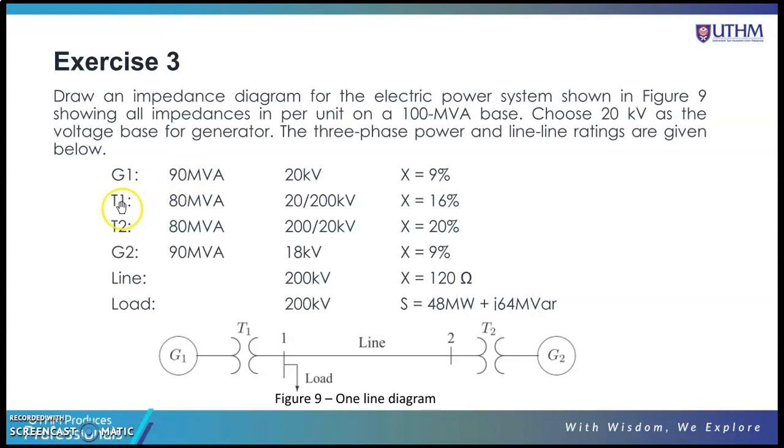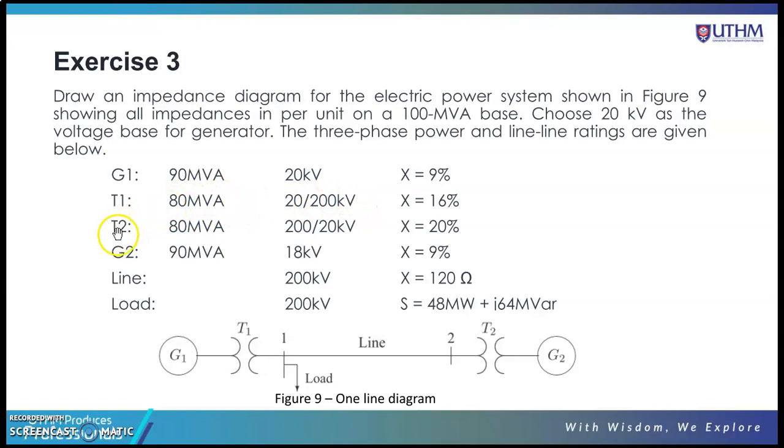For transformer 1, you have a reactance of 16%, which is equal to 0.16 per unit. This value is based on its own voltage and apparent power.